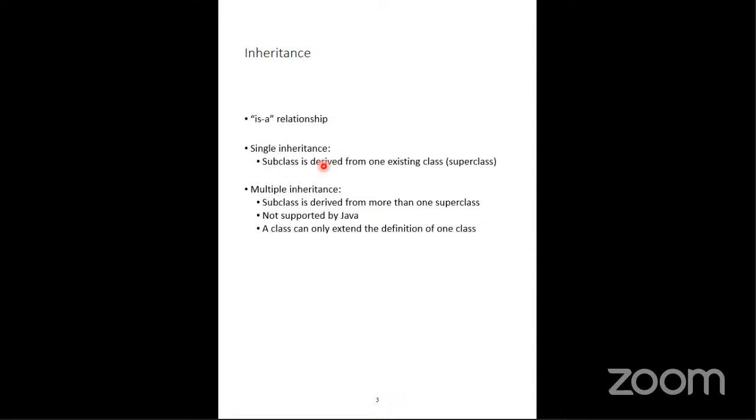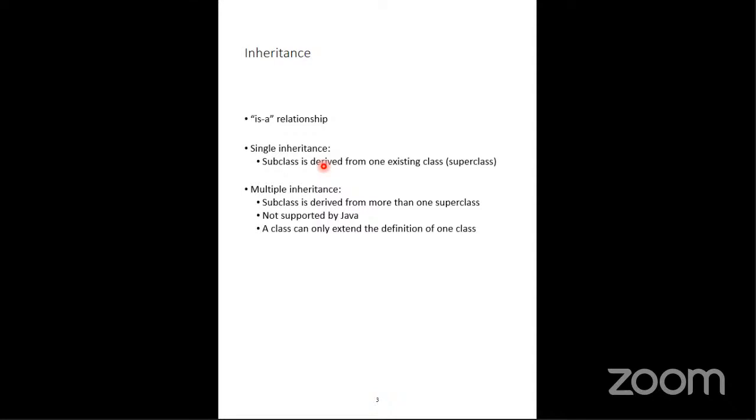Okay, so there are two types of inheritance. Actually, people divide inheritance into various categories like single inheritance, then hierarchical inheritance, multi-level inheritance, single level inheritance, multiple inheritance, and hybrid inheritance. Okay, this is the entire list what I just said, but basically they all are coming from single inheritance and multiple inheritance.